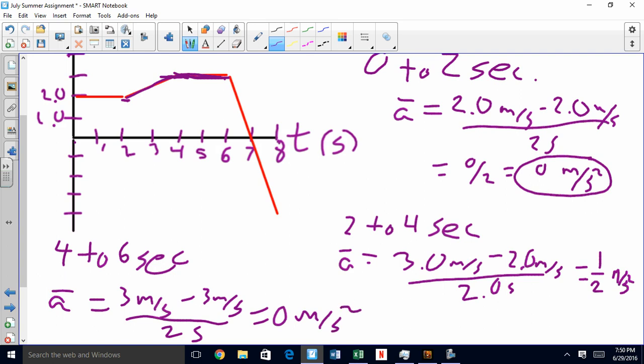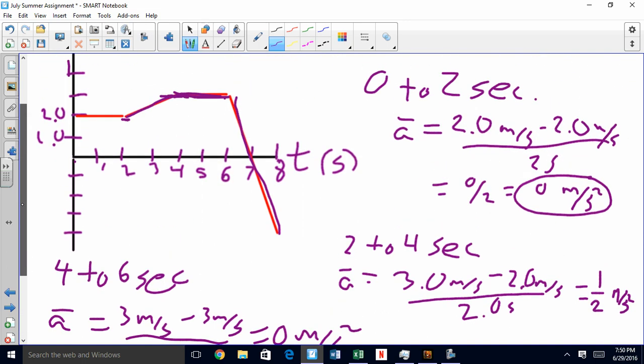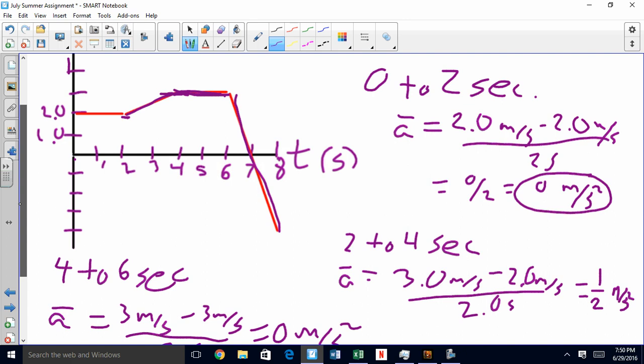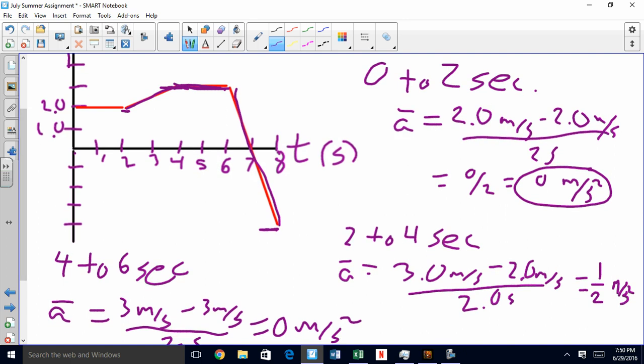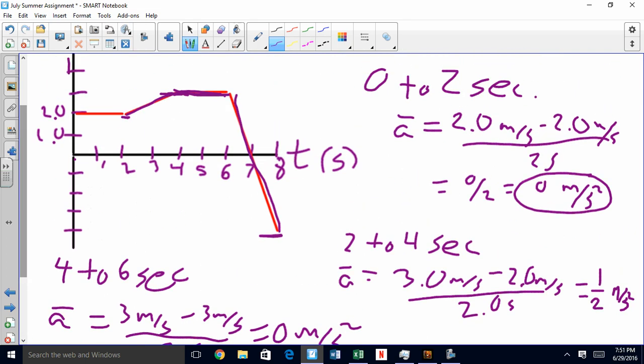And then our last region, from 6 to 8 seconds, okay, now this one has a pretty major velocity change. Our final velocity looks like -4.0 meters per second, and our initial velocity looks like it was 3 meters per second.